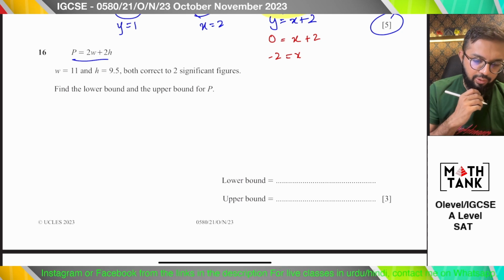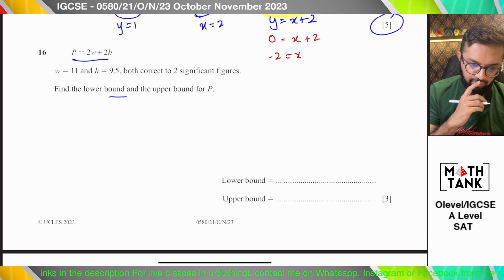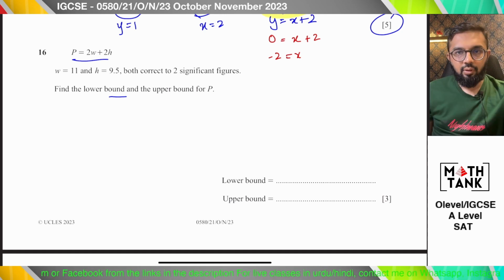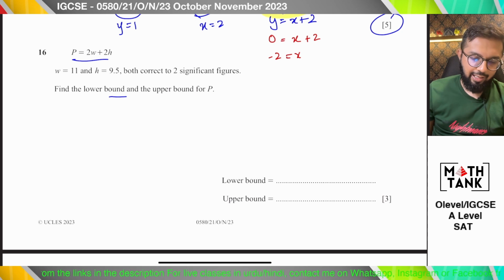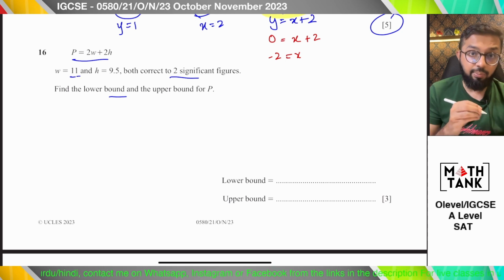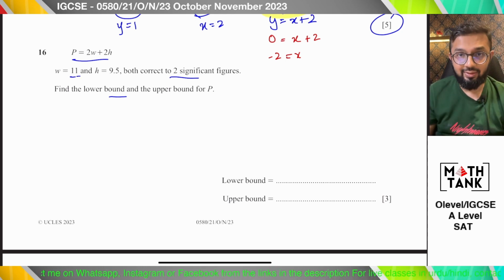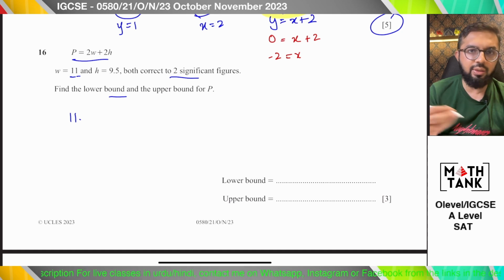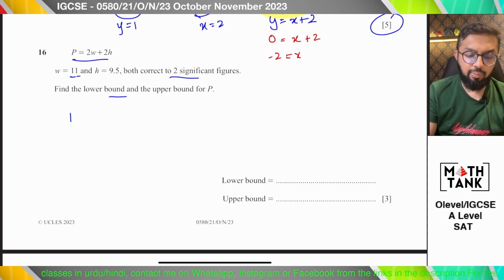P equals 2W plus 2H. Find the lower bound and upper bound for P. Okay, so I have W as 11 correct to two significant figures. So two significant figures means that the third digit after 11 was probably rounded off. So it probably was 11.2 or 11.3 or something like that, that rounded off and became 11.